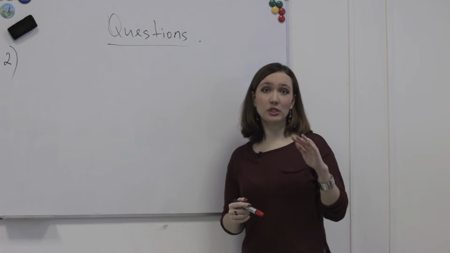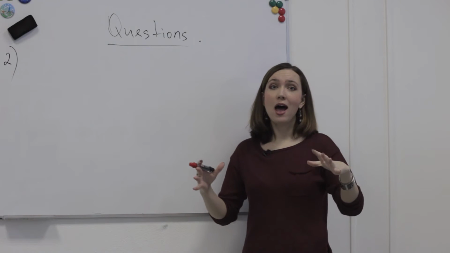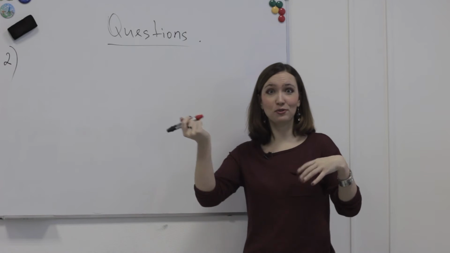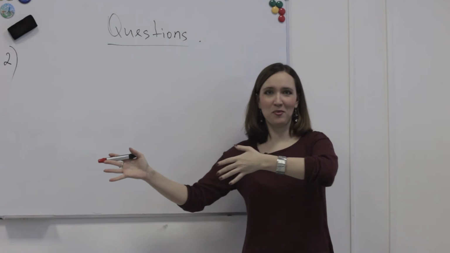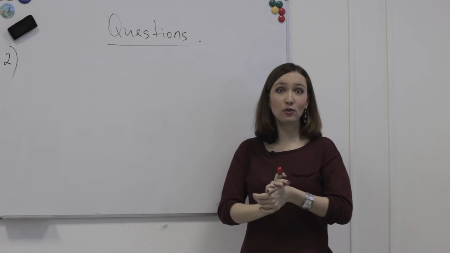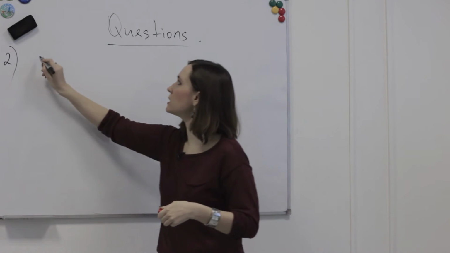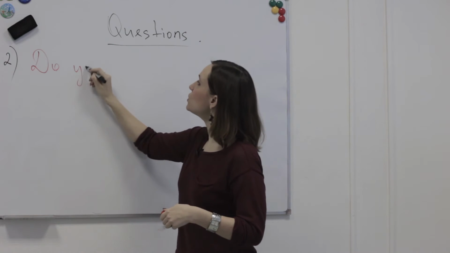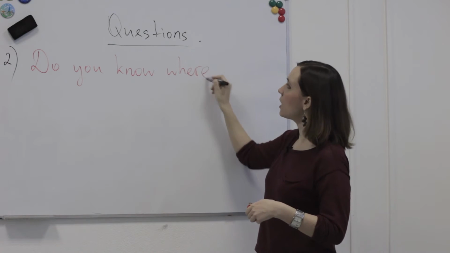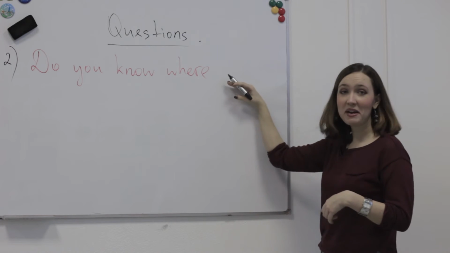So the next important bit is that you can have very long questions, yeah? And for instance, I know that Russian learners, they tend to want to use the previous rule in every part of that complex question, but you cannot. In English, this question-making rule only works once at the very beginning. What I mean is that, for instance, you have, do you know where... And here, because we see the question word, you want to make a question again.